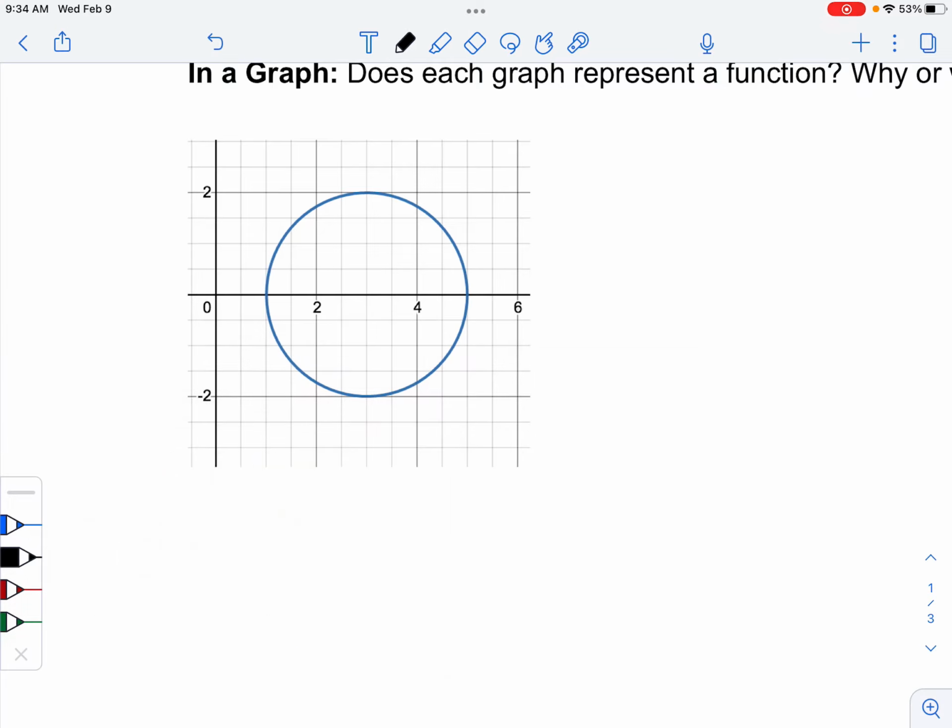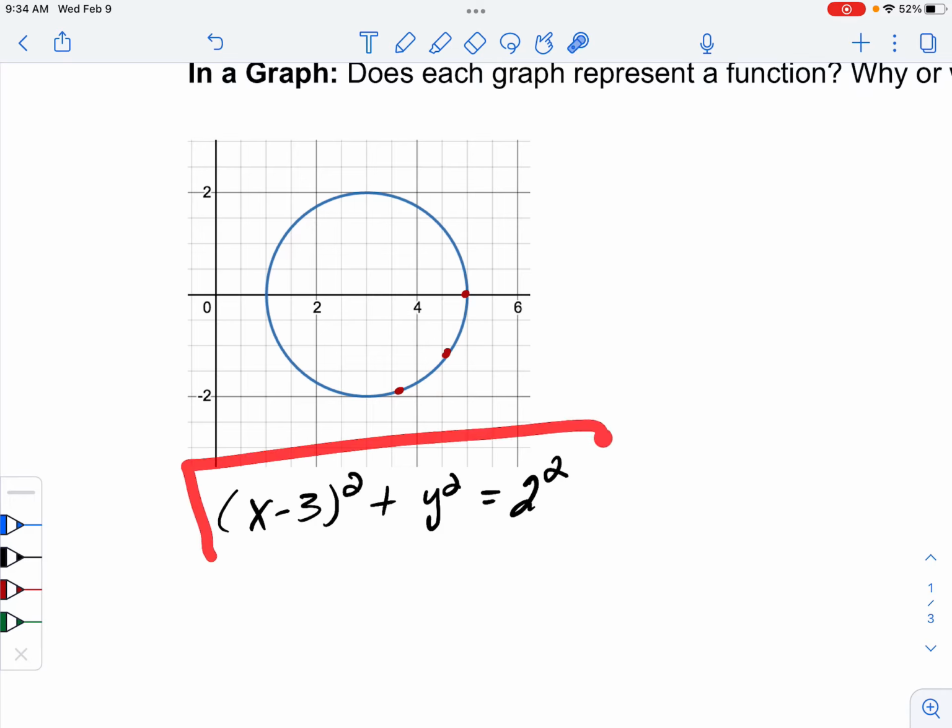The equation would look something like (x minus 3) squared plus y squared equals 2 squared. So this equation would represent this circle. Every point on this circle is a solution to this equation, meaning that the x and y values of any point, if I plug them into my equation, will make it true. And that's what a graph is.